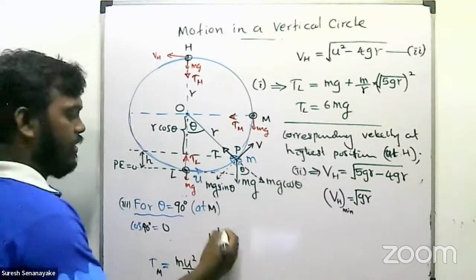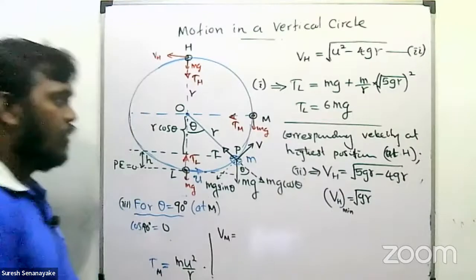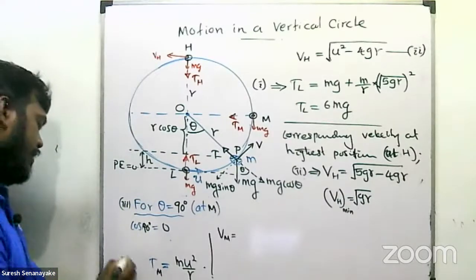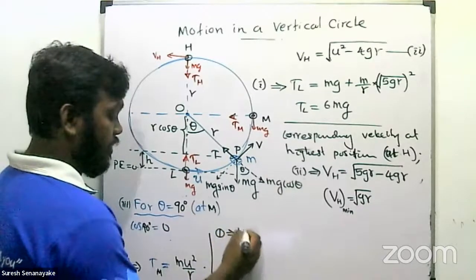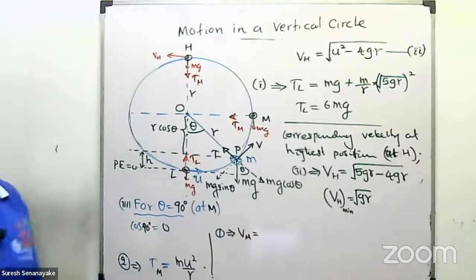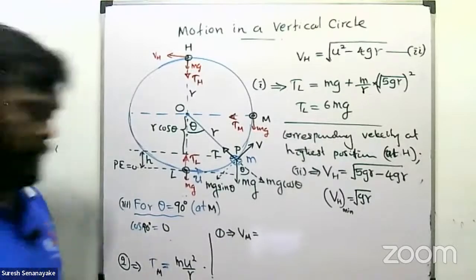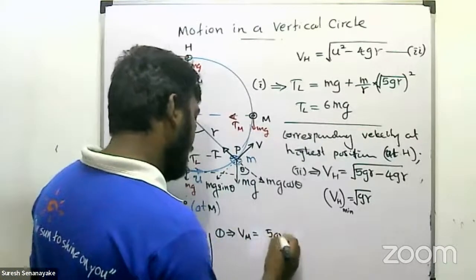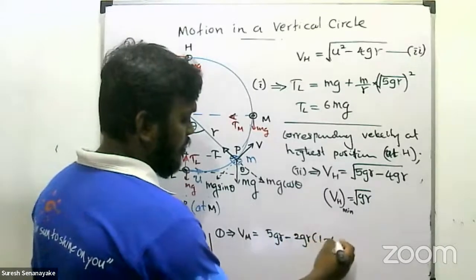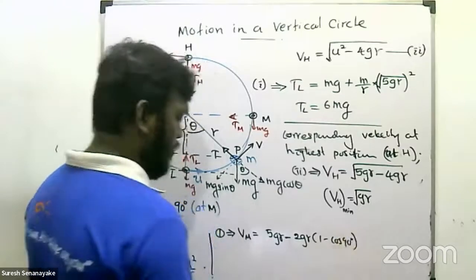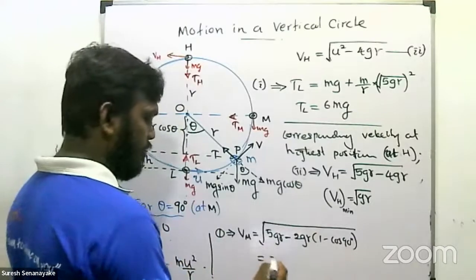And the velocity Vm equals, taken from the first equation, the square root of u square minus, 5gr minus 2gr times 1 minus cos 90 degrees. Cos 90 is 0. So then it is the square root of 3gr.